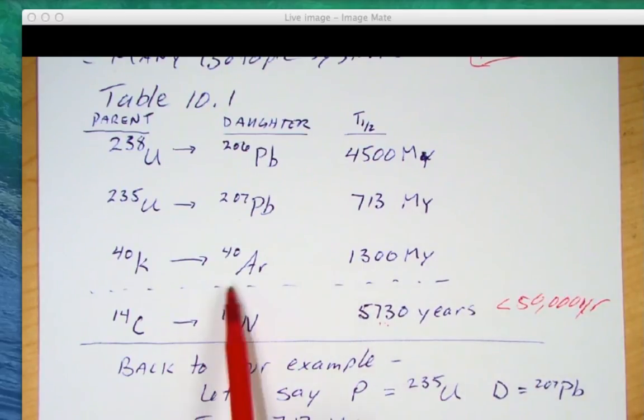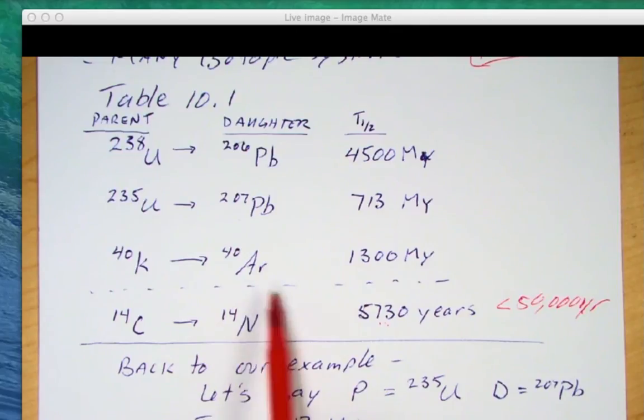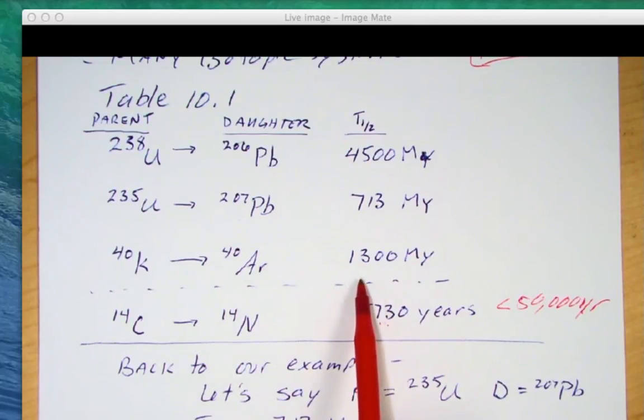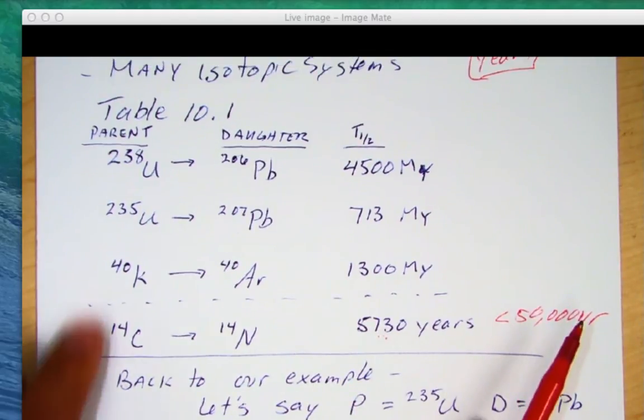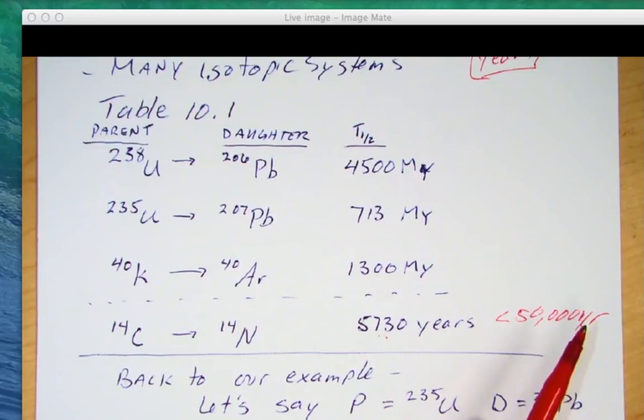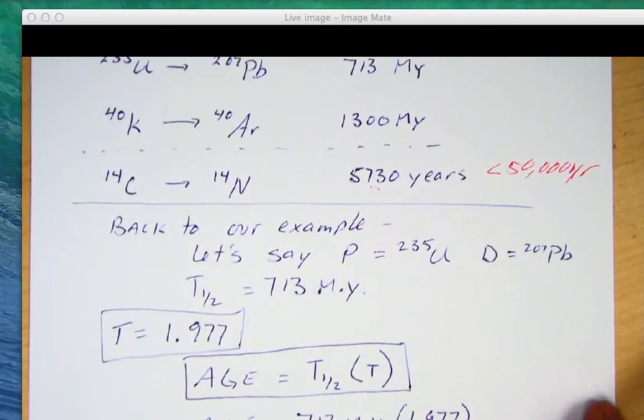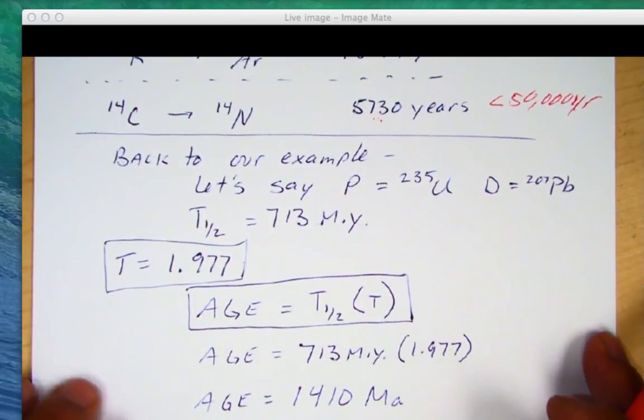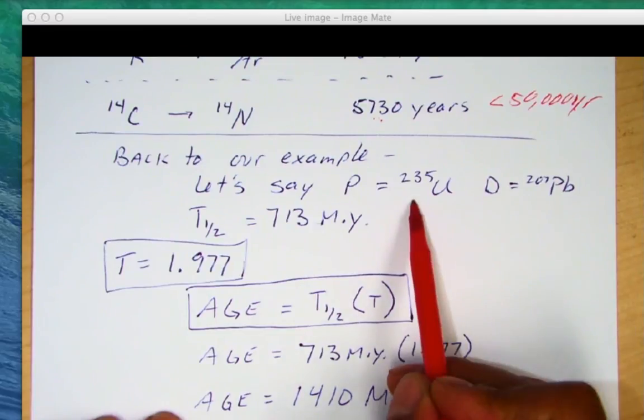And for potassium-40 to argon-40, it takes 1,300 million years, or 1.3 billion years, for the half-life. So you can find this in your book. Table 10.1 has this.